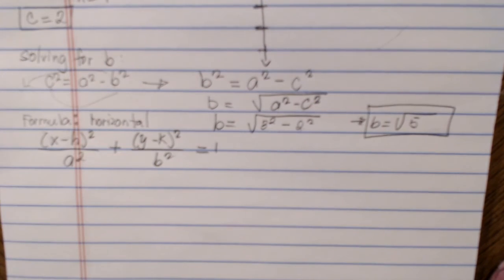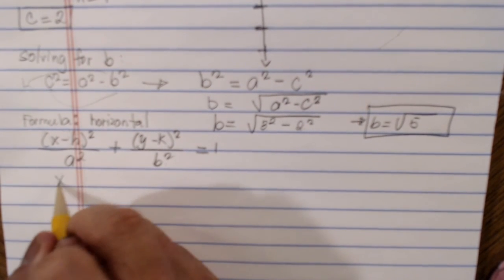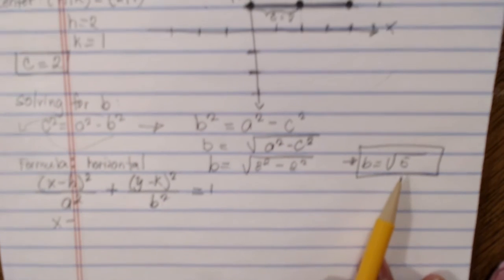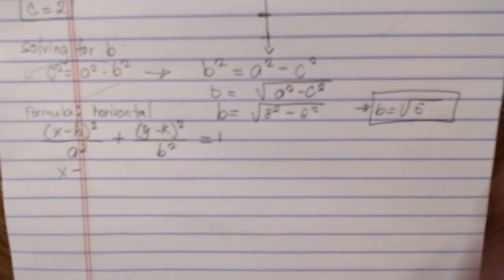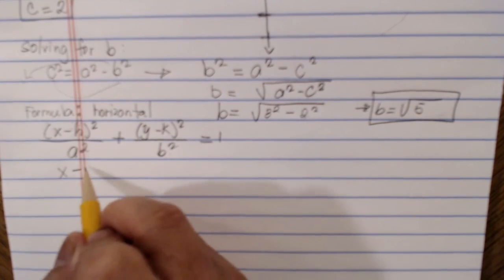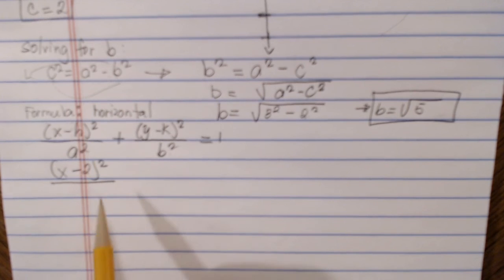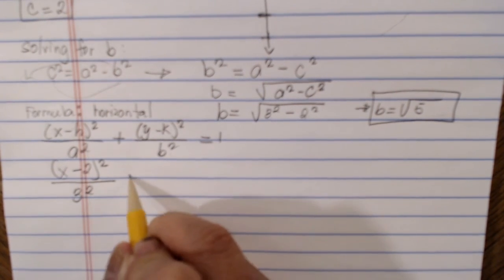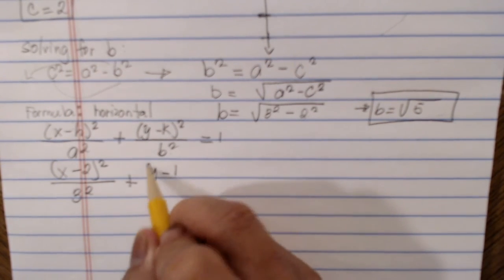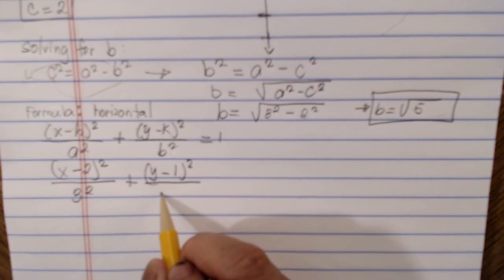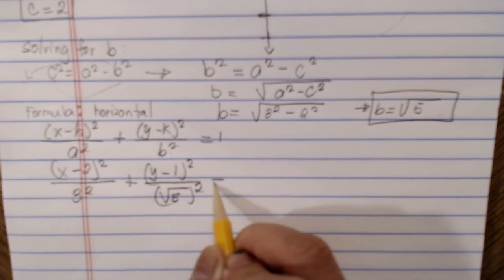Then plug in everything, because you have your h, k, a, and b. Your h is 2, your k is 1, a is 3, and b is the square root of 5. So (x minus 2) squared over 3 squared plus (y minus 1) squared over the square root of 5 squared equals 1.